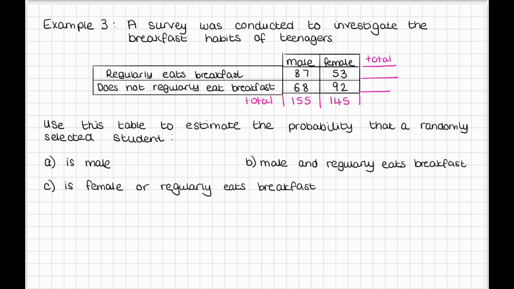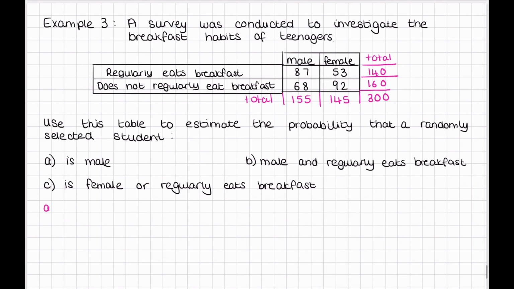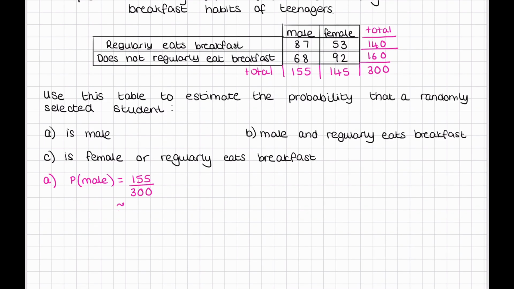How many regularly eat breakfast is 140, and does not regularly eat breakfast is 160, and then our total overall will be 300. So use this table to estimate the probability that a randomly selected student is male. Our total for males was 155, so the probability that it's male would equal 155 out of the total, which is 300, which, if you want to do that as a decimal, would be 0.517.